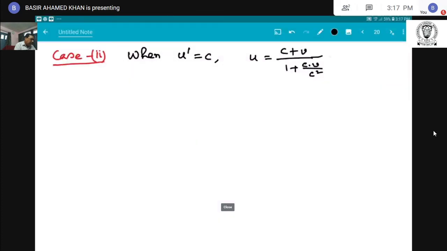It will become c times 1 plus v by c divided by 1 plus v by c, which equals c.